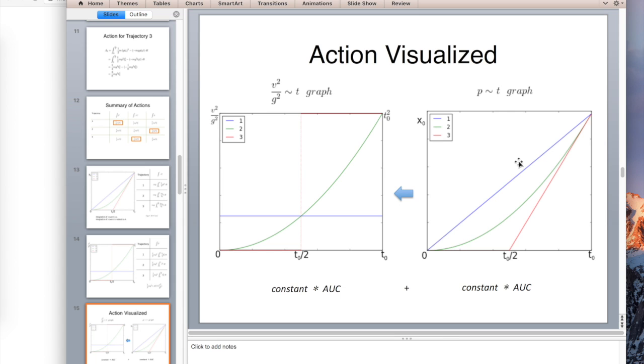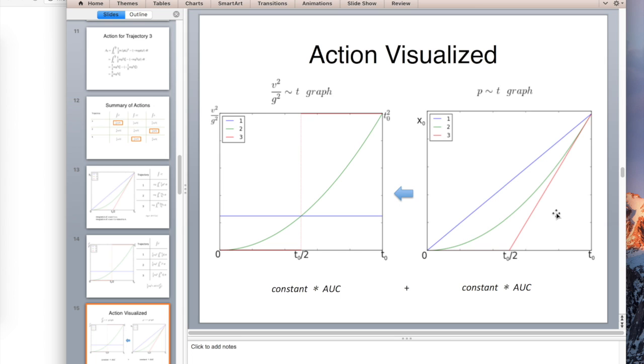With the velocity calculated, we can plot the v squared t graph of the same trajectory. Then the action of that trajectory will simply be some constant multiplied by the area under the curve in this v squared t graph, plus some constant multiplied by the area under the curve in the PT graph, and the sum will be the action of the trajectory.